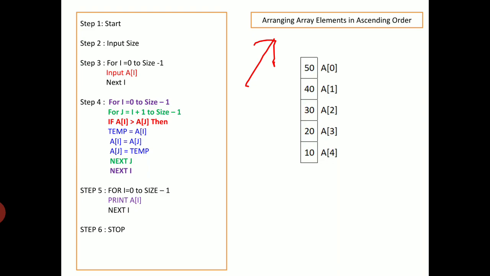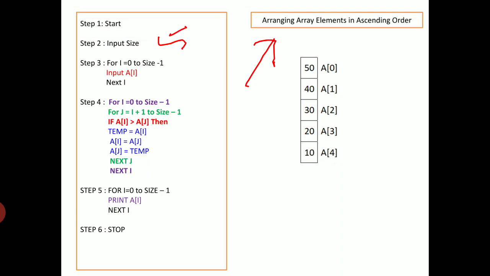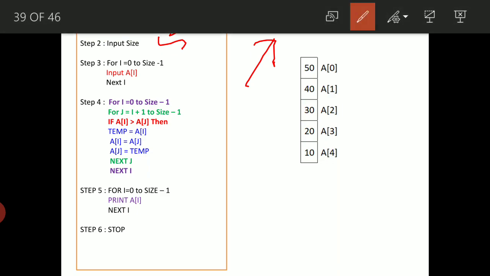So here we are going to concentrate on the algorithm. The array size is going to be 5 and we are going to input 5 elements. So please concentrate here. In step 3, we are going to input 5 elements.